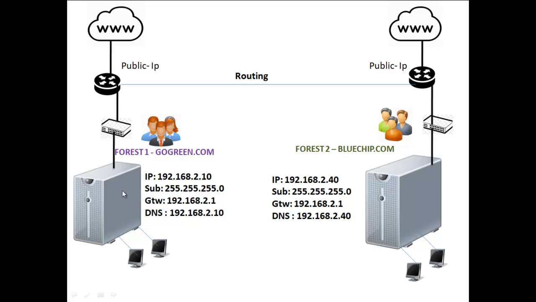If you have a collaboration between these two companies, and they want their users to log into each other's forest, like a gogreen.com user wanting to log on to bluechip.com and a bluechip.com user wanting to log into gogreen.com, then we have to create a two-way trust. That means users on both sides can log into each other.